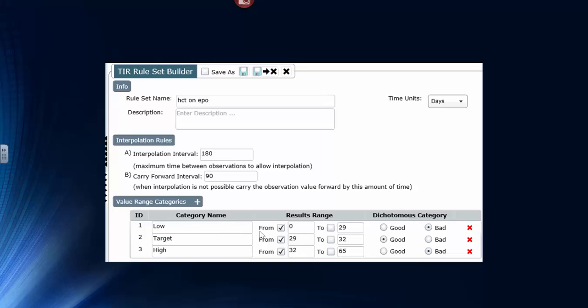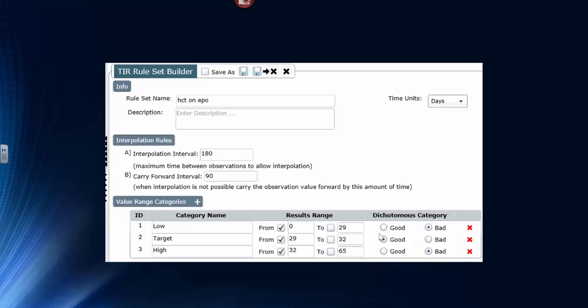You also tell Looking Glass what are your categories, low, target, and high. Low is between 0 to 29, inclusive of 0. Target is 29 to 32, inclusive of 29. And high is from 32 to 65, inclusive of 32. In addition, you dichotomize into good or bad each of these categories.